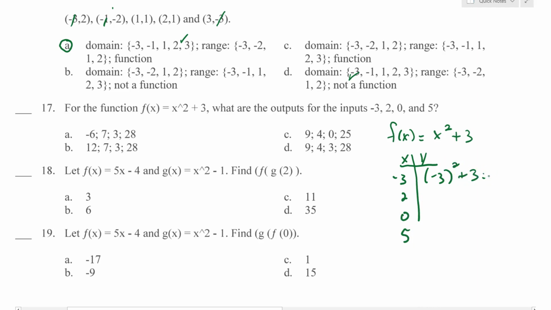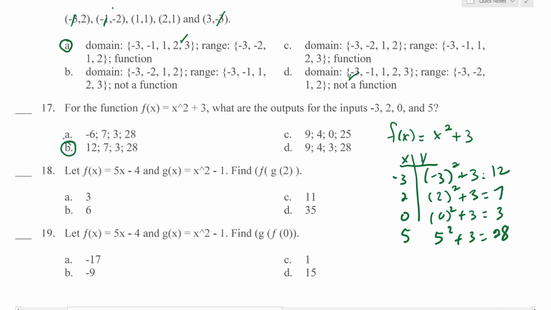That's negative 3 to the second power is 9. 9 plus 3 is 12. The next one is 2 squared plus 3. So 2 squared is 4. 4 plus 3 is 7. 0 squared plus 3. So that's 3. And then 5 squared plus 3. 25 plus 3 gives you 28. So it's 12, 7, 3, and 28. So your answer is B.